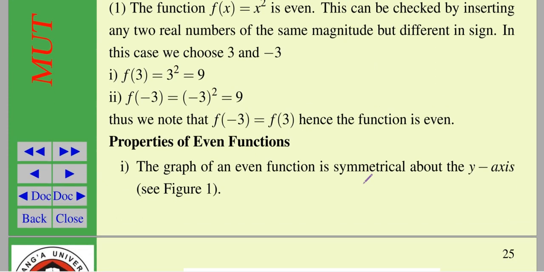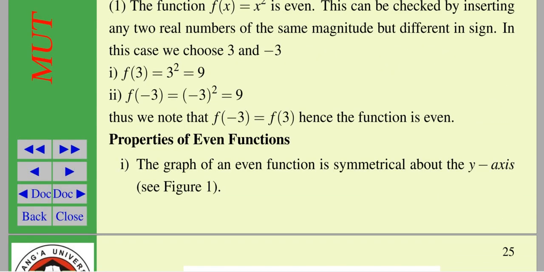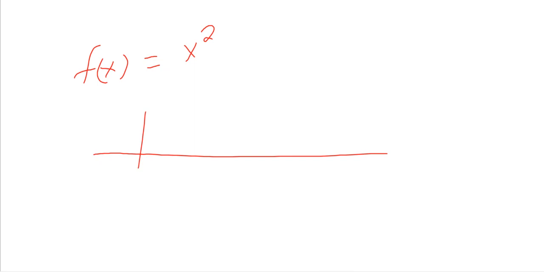We have some properties of even functions. One is the graph. The graph of an even function is usually symmetrical about the y-axis. Basically, consider a function like the one we have talked about, f of x is equal to x squared, and you try to tabulate x and f of x. We may start from minus 3, minus 2, minus 1, 0, 1, 2, 3, for example.